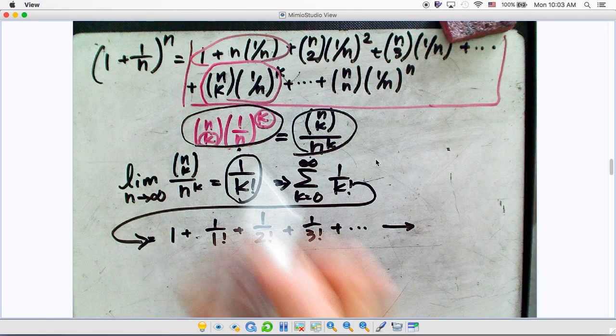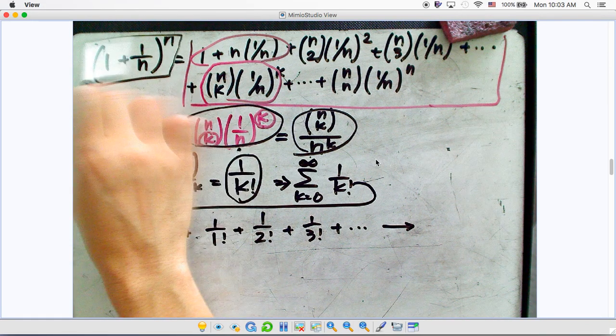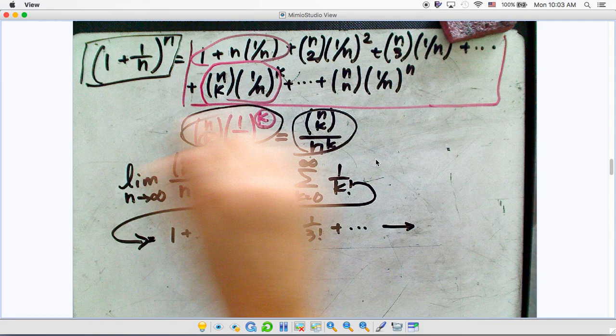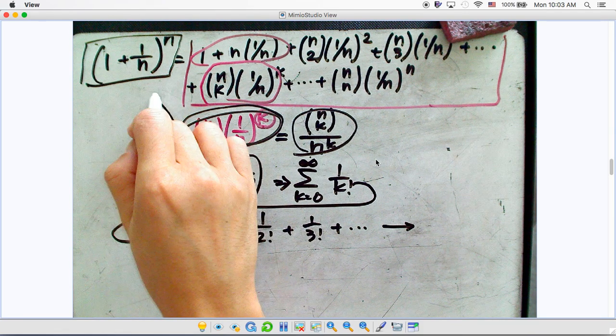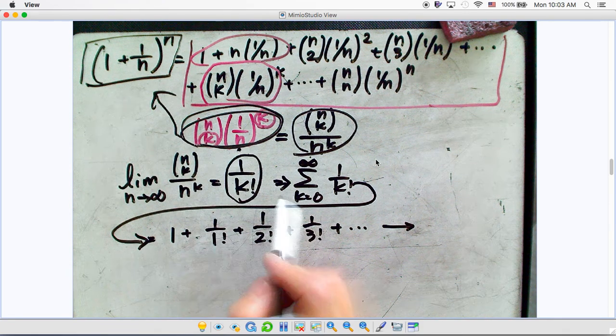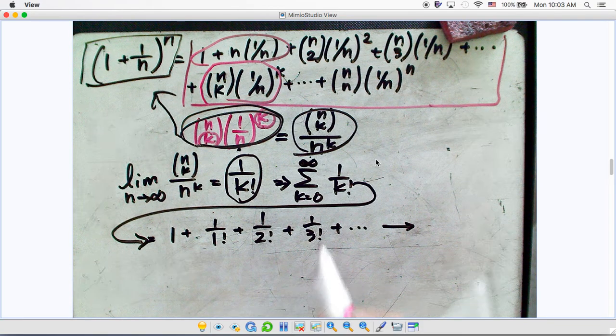Therefore, if you're taking the limit of this, whose typical term is this one, then that's going to be the same as, let me just write it down, right?